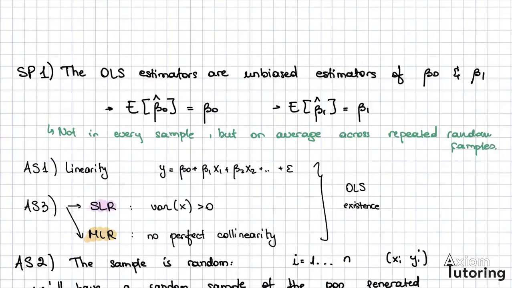Okay. So ultimately, unbiasedness is a property of the data generation process, not the particular data set that is in front of us. And it's quite important to remember that.